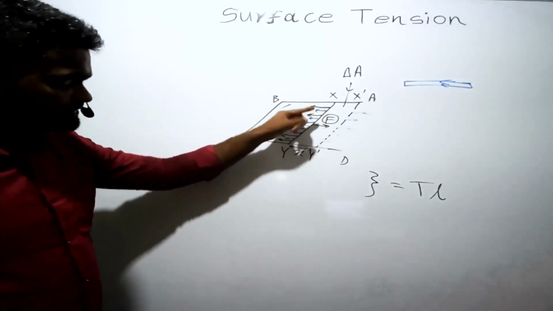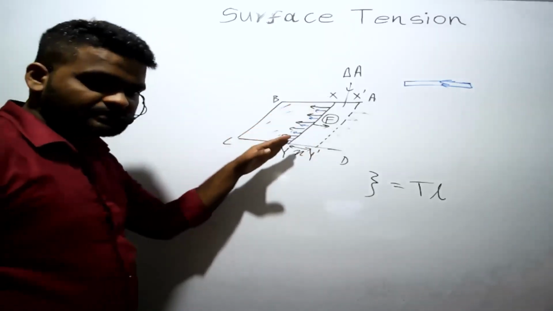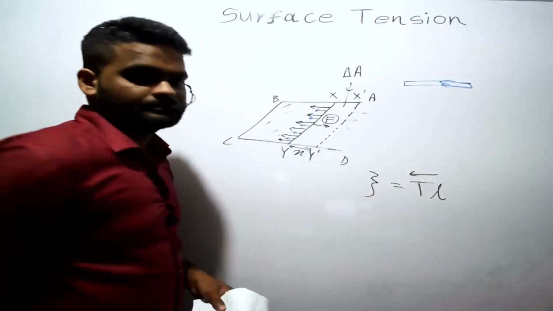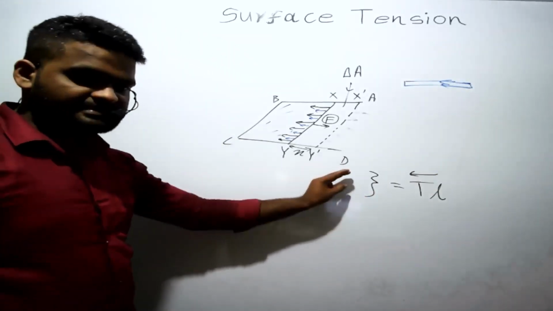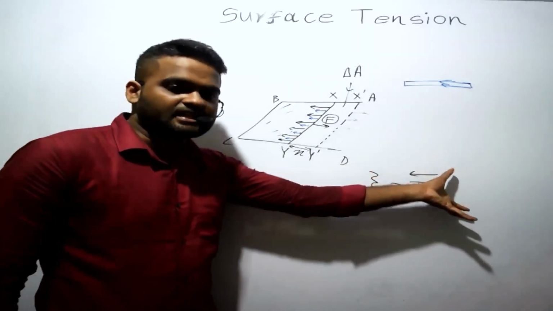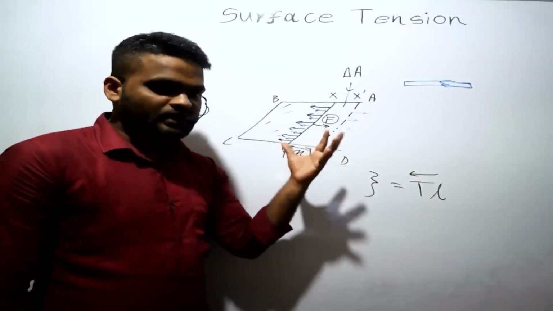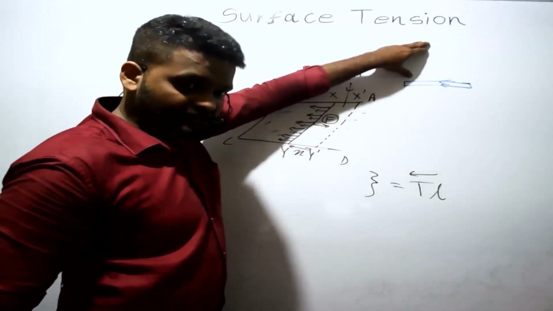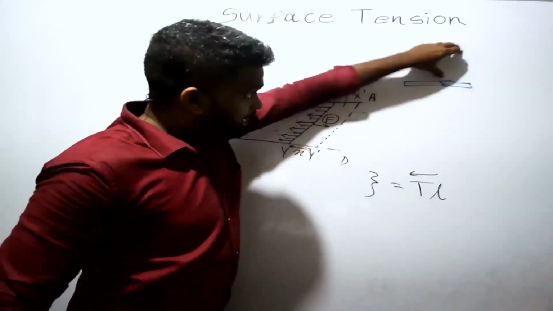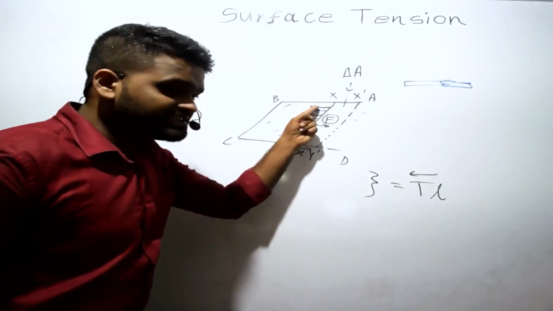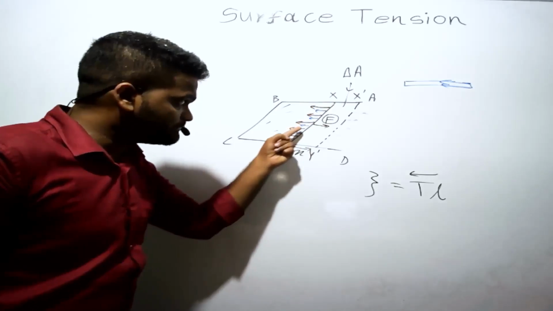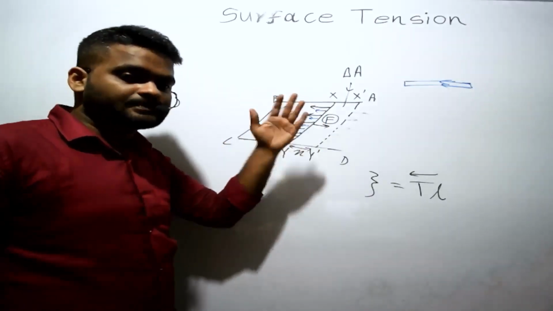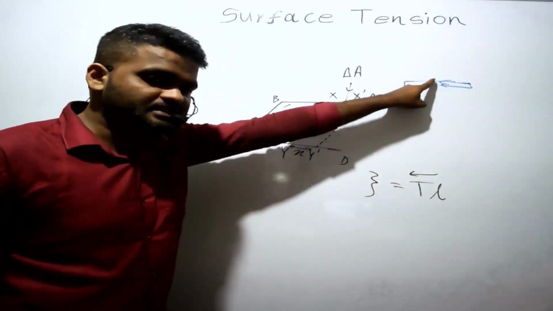So tension times length. Let's say length is L. So that is TL, to this side. Do you understand that? It is from one surface, the top surface of the liquid layer. So one force is T, you have to multiply that by this length. So you get the total force by one surface. One surface means the top surface.